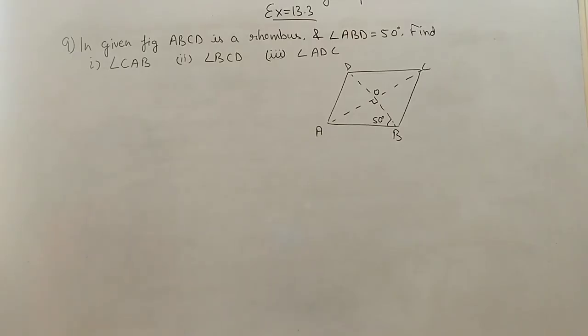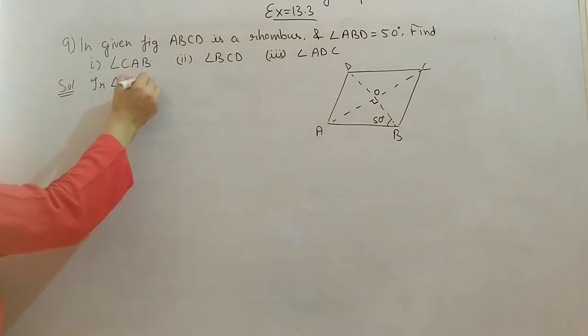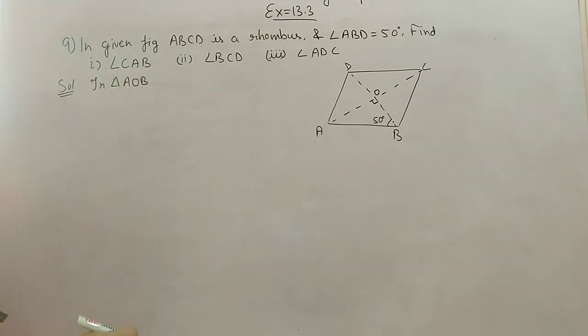Next, question number 9. In the given figure, ABCD is a rhombus. Angle ABD is 50 degree, and find angle CAB, BCD and angle ADC. So first we will start from this triangle. In triangle AOB, we know the diagonals of rhombus bisect each other at 90 degree.